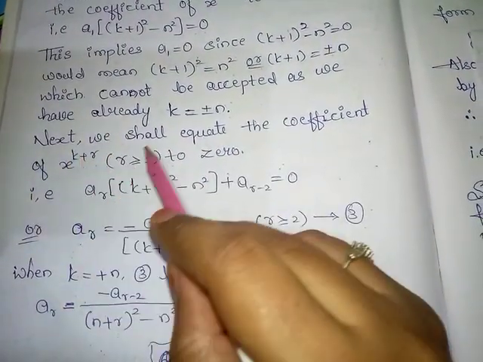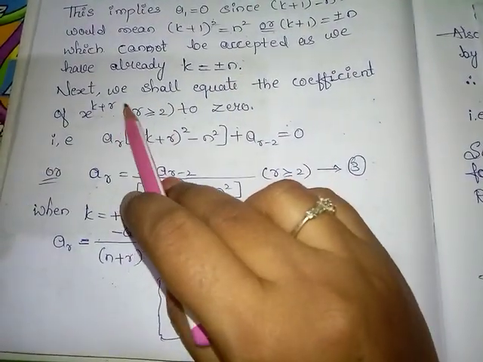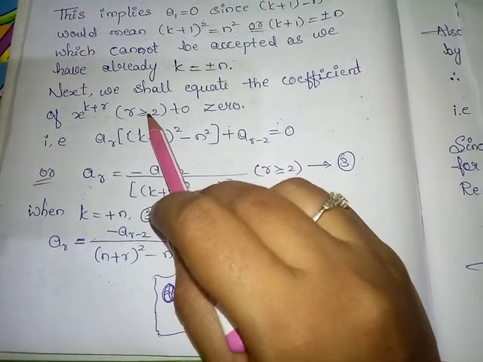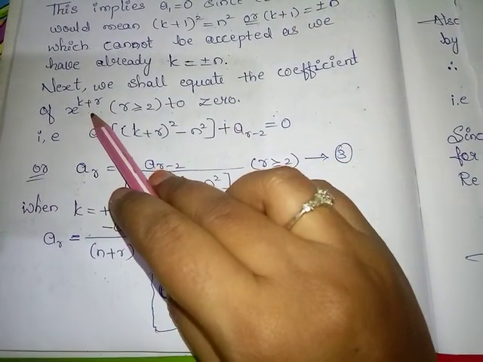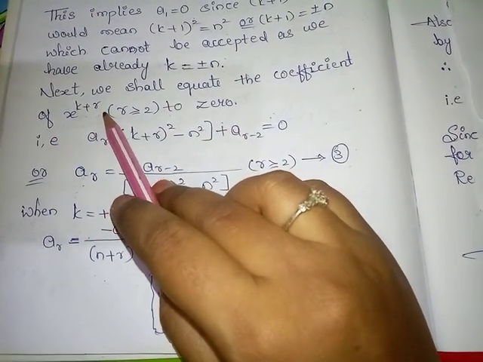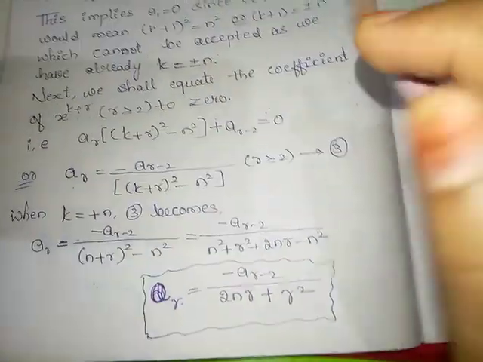Next we shall equate the coefficient of x raised to k plus r, where r is greater than or equal to 2, to 0. Here we are equating the coefficient of x raised to k plus r to 0 to get the recurrence relation.